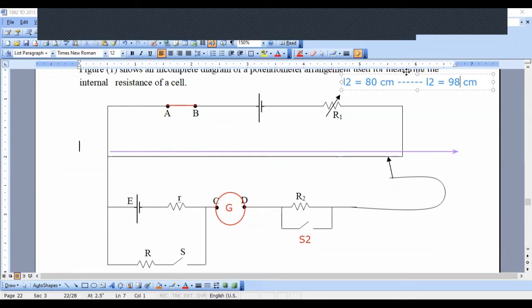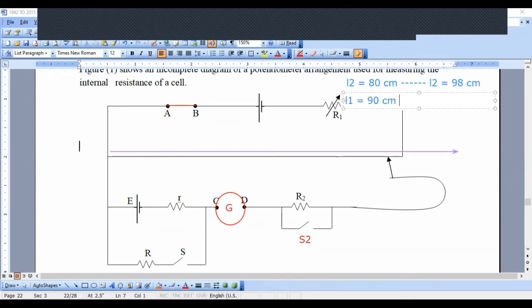Now, if we repeat this practical, after that we are going to find L1. First we found L2. We have adjusted R1 until L2 increased from 80 centimeter to 98 centimeter. Now we are going to find L1. Earlier L1 was 90 centimeter.